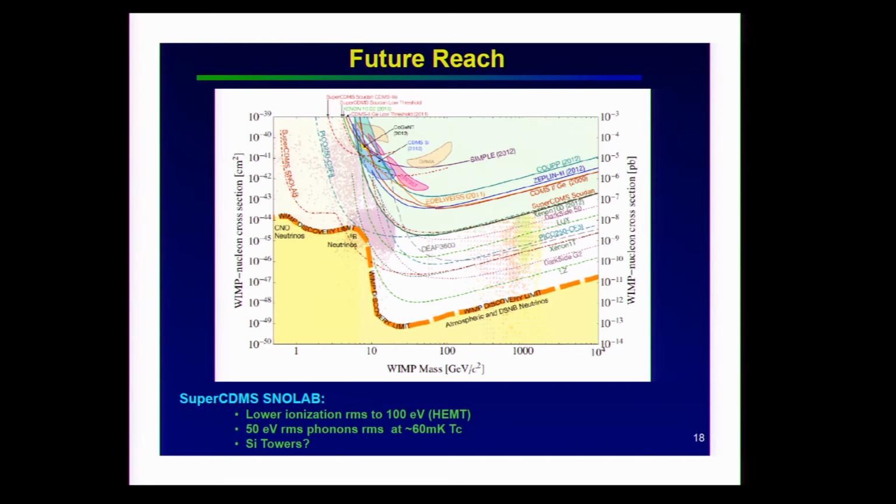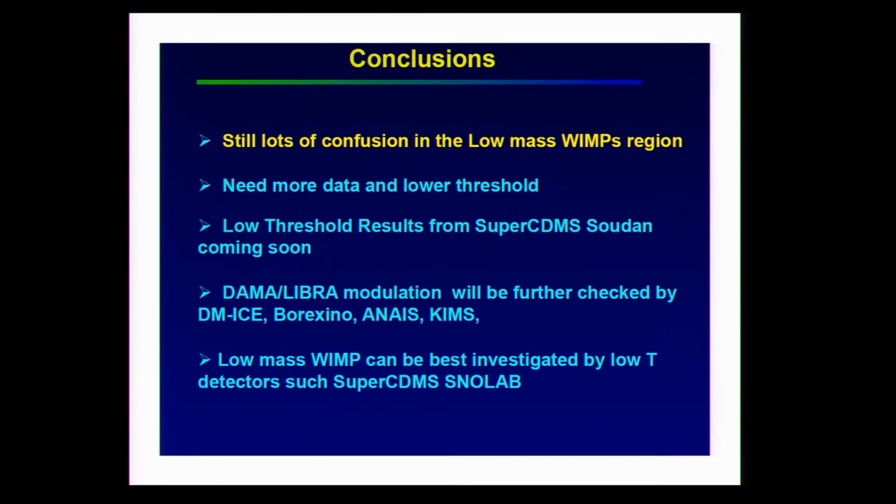Other experiments will also probe this region, for example LUX and so on, which might be interesting as well in the next year. So that's my conclusion: still lots of confusion in this low mass WIMP region, so definitely we'll need more data and we need to lower the threshold. We're going to have some new results from SuperCDMS.